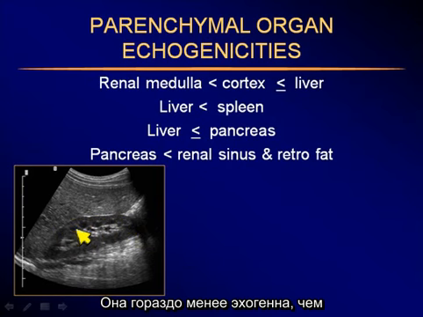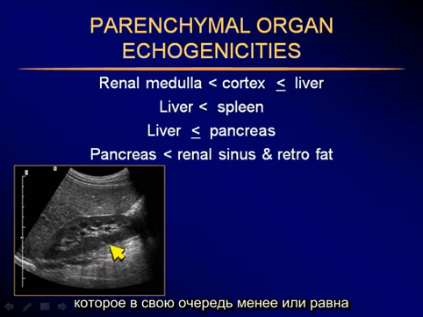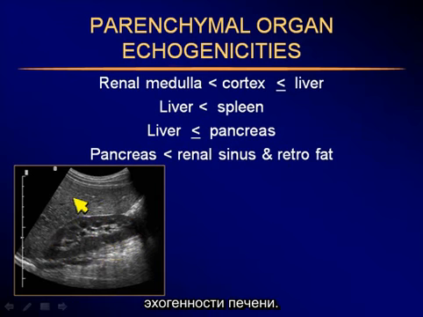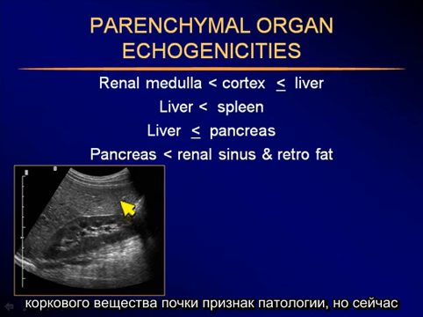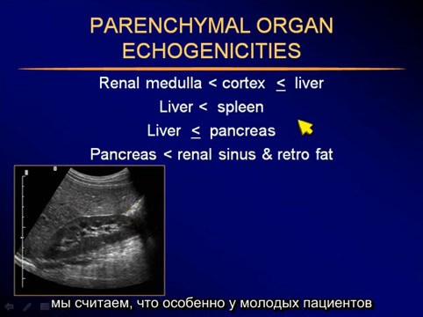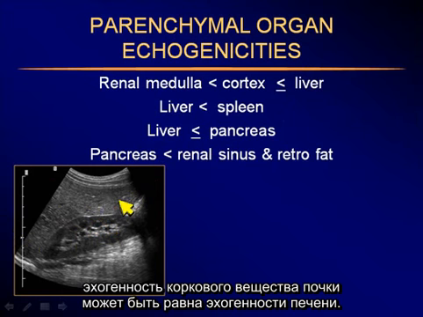It is much less echogenic than the cortex of the kidney, which in turn is less than or can be equal to echogenicity of the liver. We used to think that equal to the liver was abnormal, but now we know that especially in young people, cortical echogenicity could be equal to liver echogenicity.